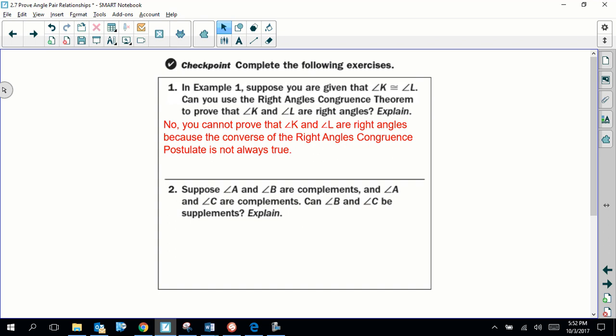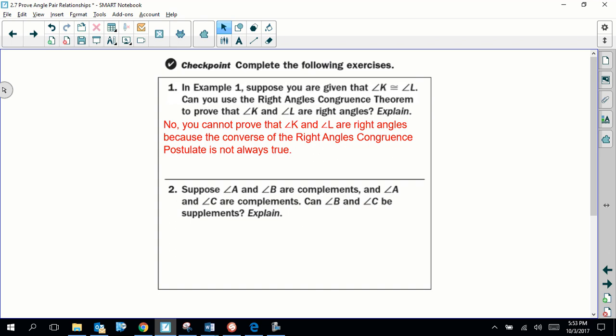The converse would be if I have angles that are congruent, then they're right angles. The converse statement is absolutely not true, because simply because I have congruent angles doesn't mean that they have to be 90 degrees. So that statement, unfortunately, is not true.